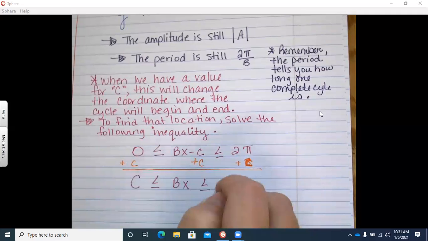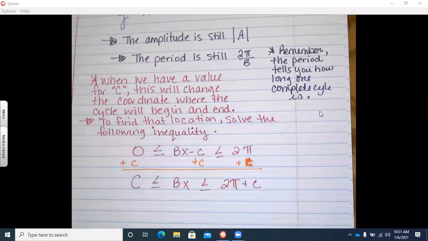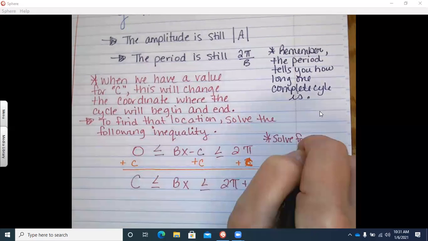I am trying to solve for x, okay? Solve for x. So is my x all by itself? No, now what should I do? Divide each part by b.